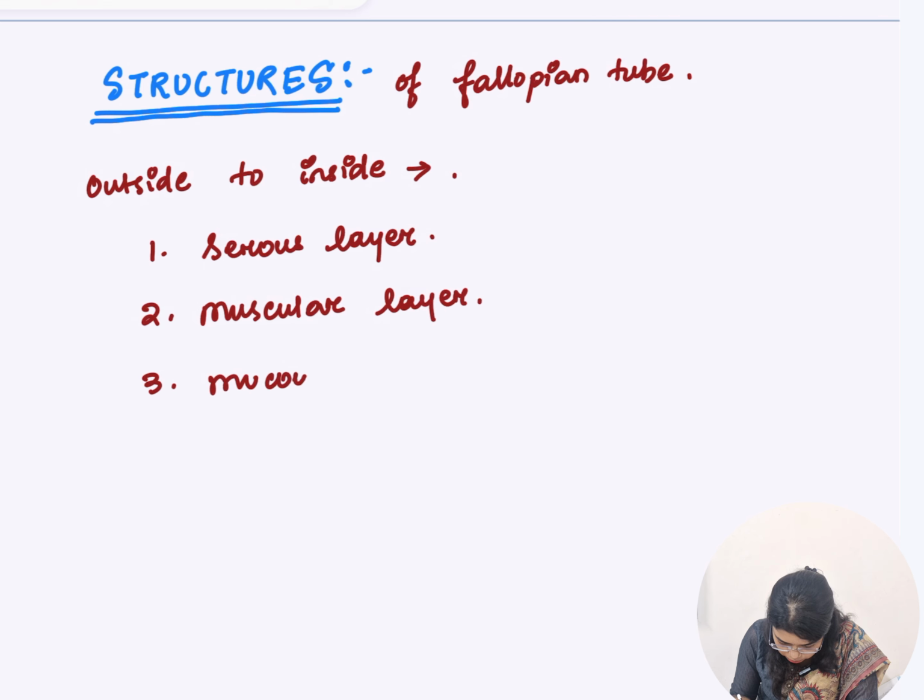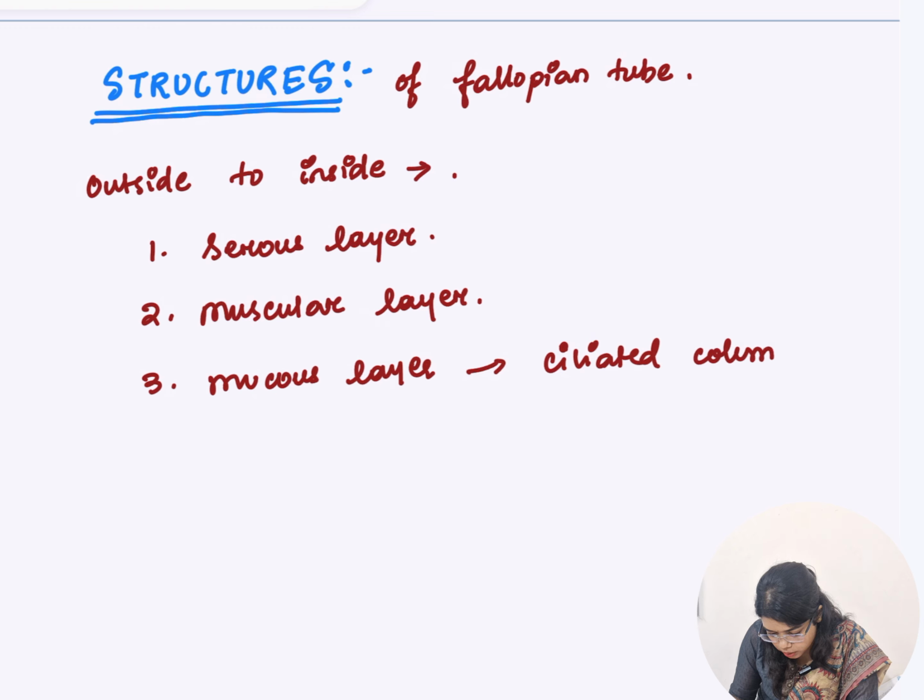Third, mucus. The mucus layer is lined by ciliated columnar epithelium, and there is a presence of unique cells.